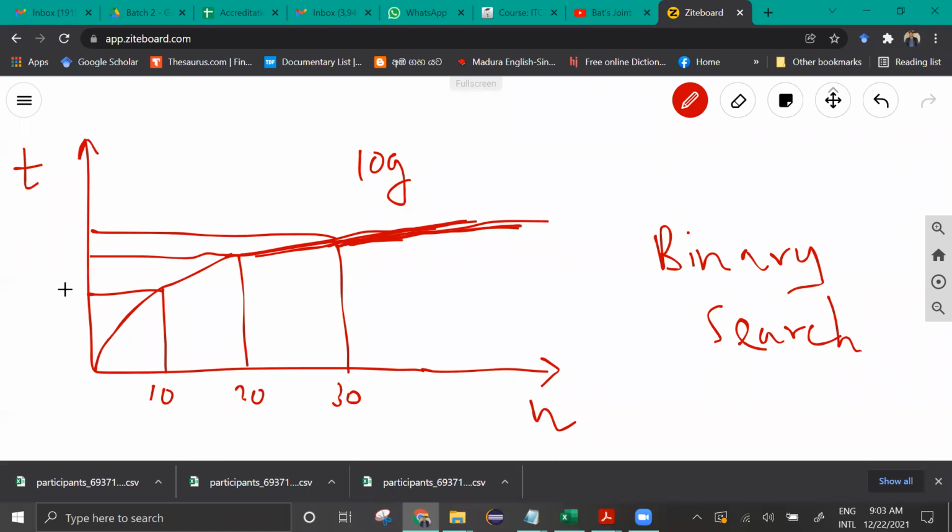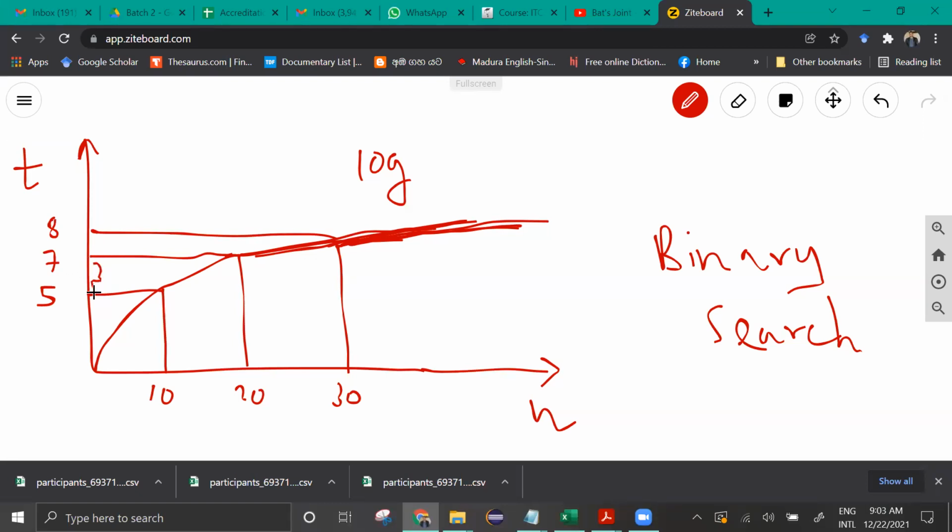For example, 5 milliseconds, then for the 20 it is like 7, and then for 30 it would be something like 8.